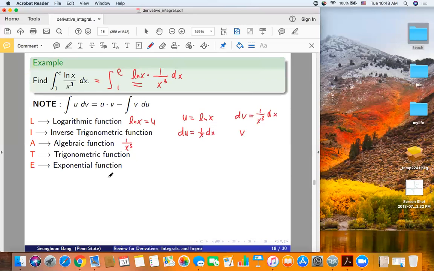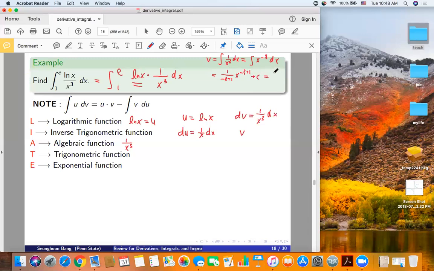How can you find the v? So we can use this idea. What's v? The v is integral 1 over x cubed dx. So we can calculate integral x to the -3 dx. So we have x to the power of -3 plus 1 over -3 plus 1, plus c.